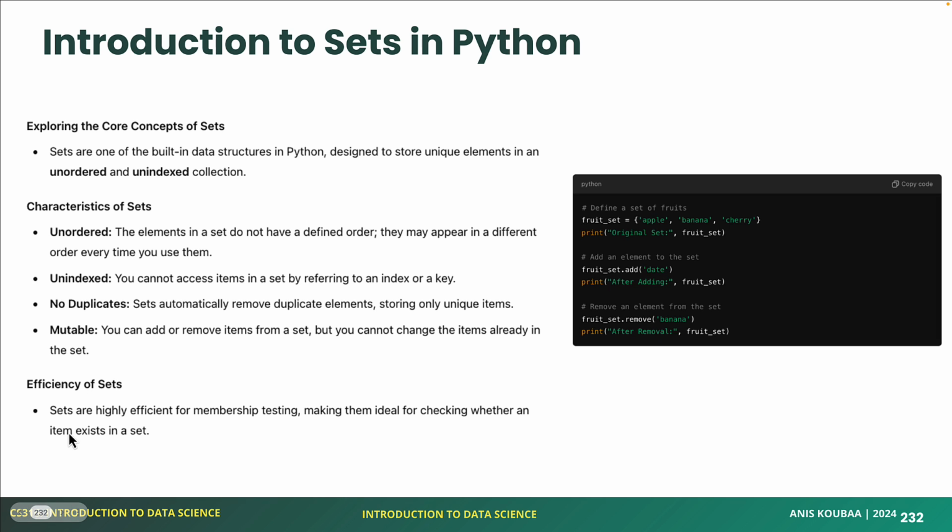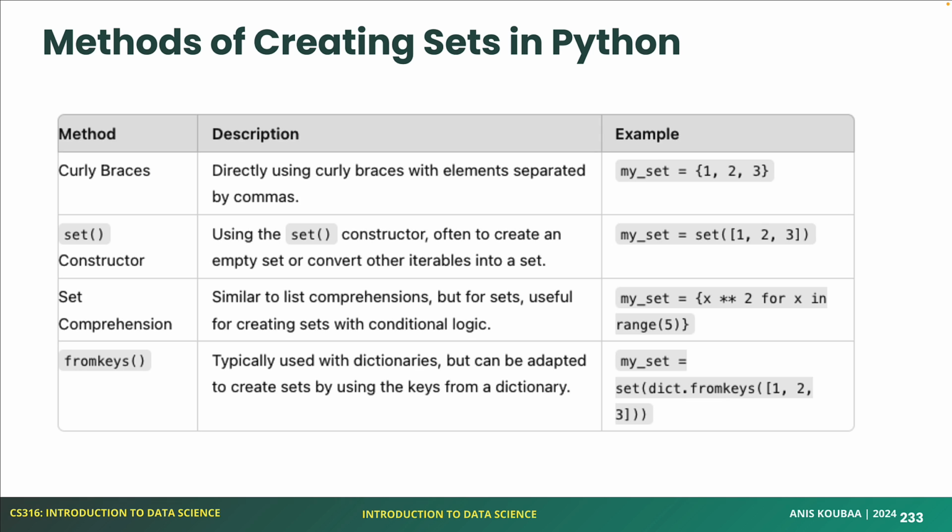Sets are highly efficient for membership testing, making them ideal for checking whether an item exists in a set. Usually when we want to remove duplicates from a list, we can simply cast it to a set, so it will automatically provide only the unique elements.